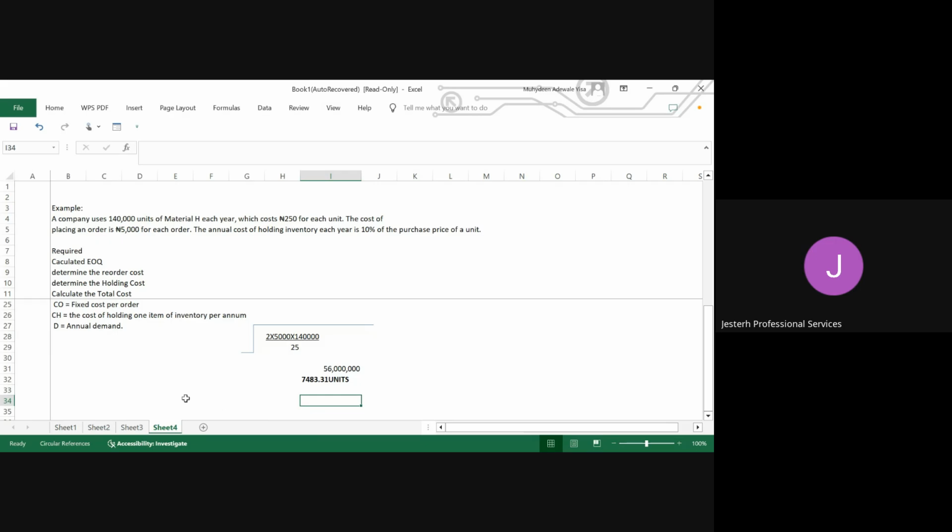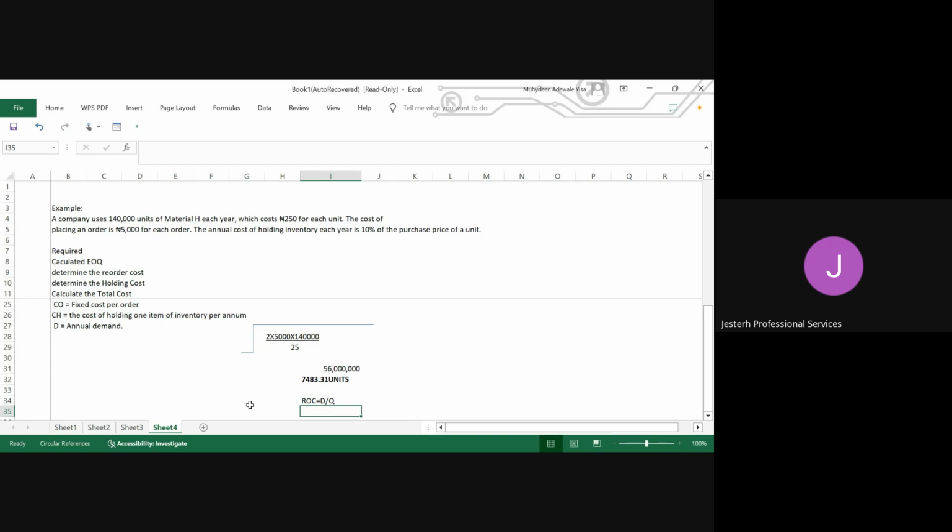Now, how do we determine the other cost approach? The formula for the other cost is D divided by Q.